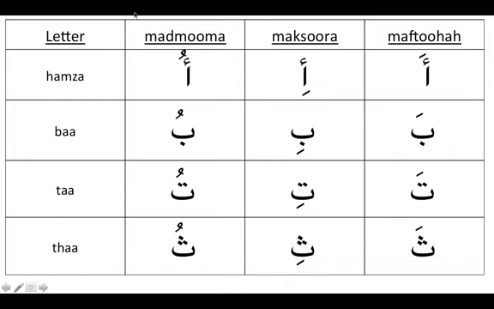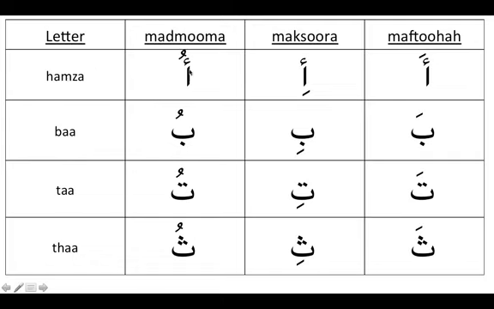This is the letter hamza, and it intersects with the maftuha column. Hamza maftuha, a. This is the intersection of the hamza and the maksura column. This is hamza maksura. And this is hamza madmuma, the intersection of the hamza row and the madmuma column.